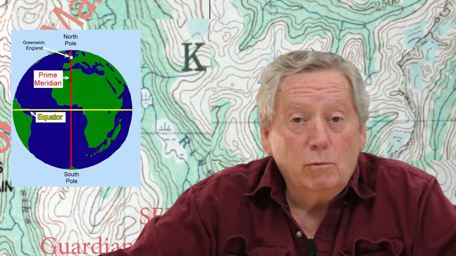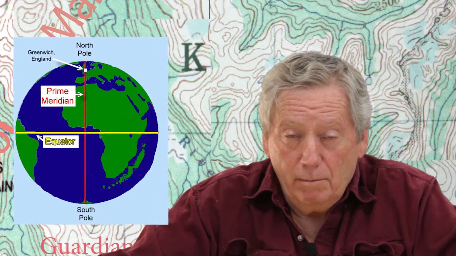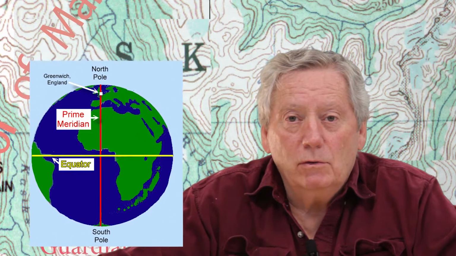And finally, it was settled that the 0/360 degree line will be called the prime meridian, and it will pass through a little suburb of London called Greenwich. So we now refer to the time of sunrise, sunset, whatever it is, through Greenwich as Greenwich Mean Time.